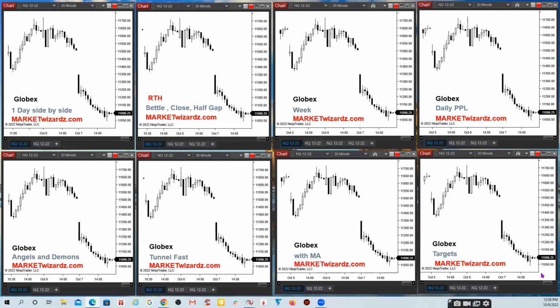So this is a setup of one of my monitors. And with a click of a button, I have these all set up so that the studies are already done there. And I've labeled them for your convenience. And if I just click on the next button, I can immediately go to a different study on the same box that I've got here, the chart window, and RTH values, obviously.